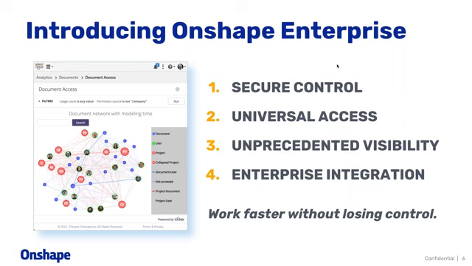It gives their external stakeholders and their internal stakeholders the unprecedented visibility into what's happening in the design process that they need to do their jobs and to make their business effective. And it integrates very well with other business systems like ERP and PLM using the Onshape API. And this, we believe, and our customers believe, allows them to work faster without losing control.